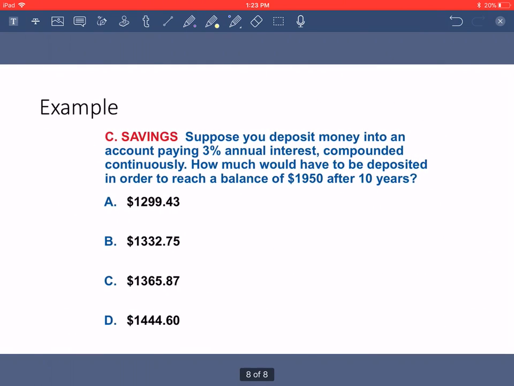And last example, suppose you deposit money into an account paying 3% annual interest compounded continuously. How much would have to be deposited in order to reach a balance of $1,950 after 10 years? So I'm going to be searching for my principal amount. So my A is 1950 equals the principal times e raised to the rate, 0.03, times time, t, so 10.